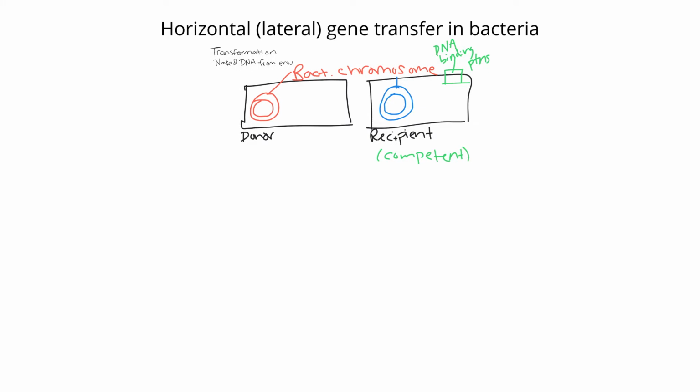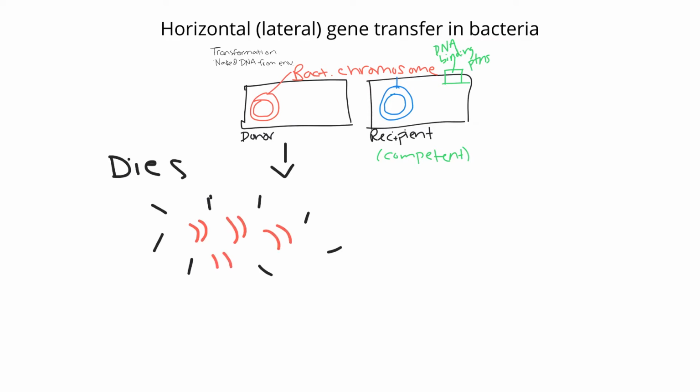All right, so now what happens basically is that this bacterium, let's say, dies. And what happens is the cell wall and cell membrane are going to break down, and the DNA is going to be degraded. And so you'll have little fragments of DNA around there. So here's a chromosome fragment.